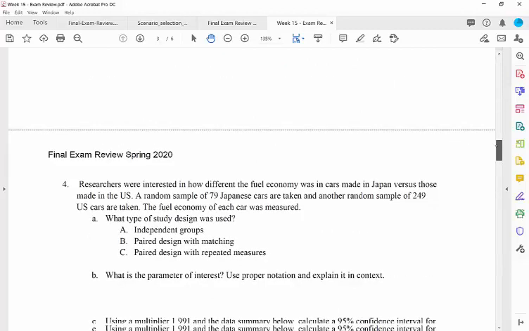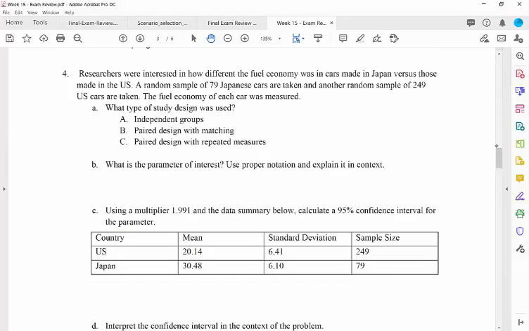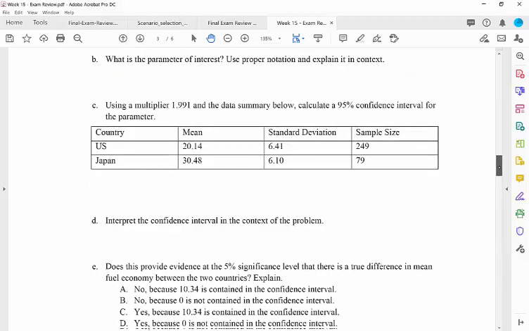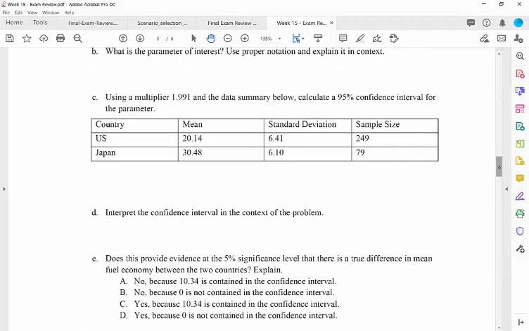Here's one. Question 4 says researchers were interested in how different fuel economy was in cars made in Japan versus those made in the US. So they have a sample of Japanese cars and a sample of US cars. Obviously these aren't related, so this is independent groups. And down here, it gives me the mean and the standard deviation.